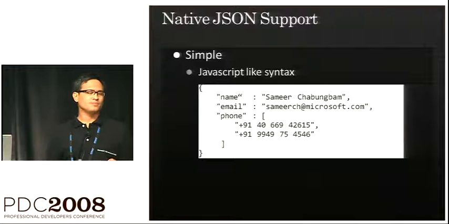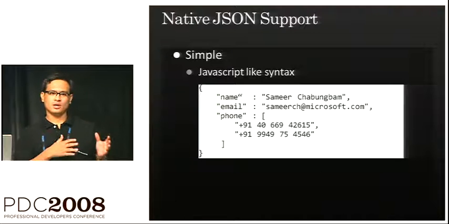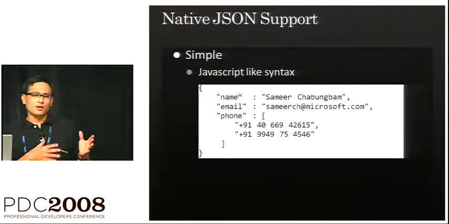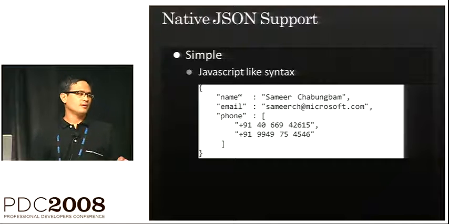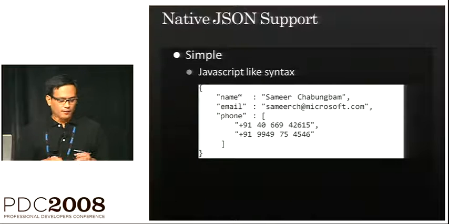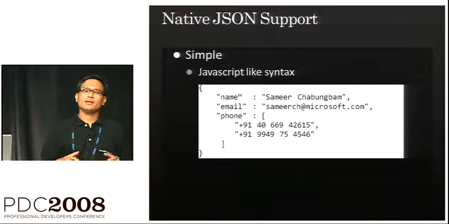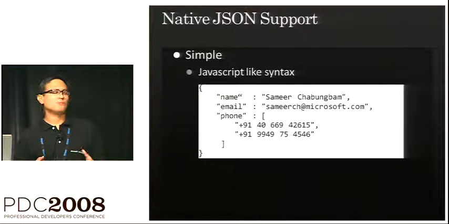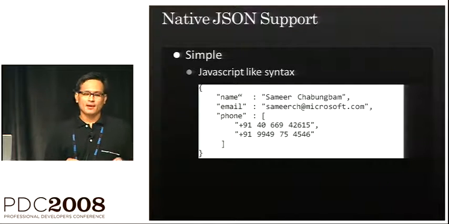Here is an example. So you can use it to represent objects or arrays. Arrays are enclosed in square brackets, objects in curly braces. So what we have done in IE8 Beta 2 JScript is to provide native support for JSON.